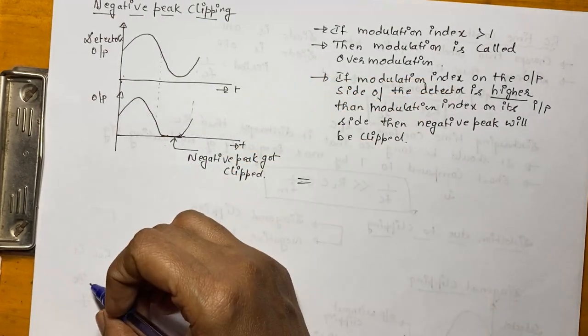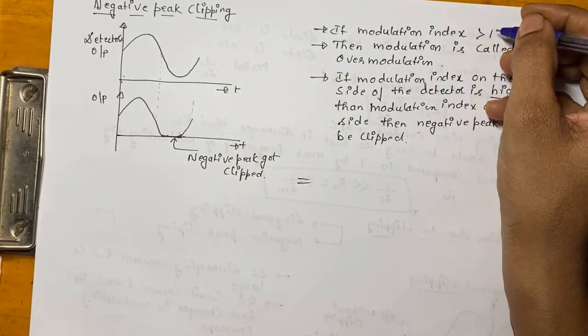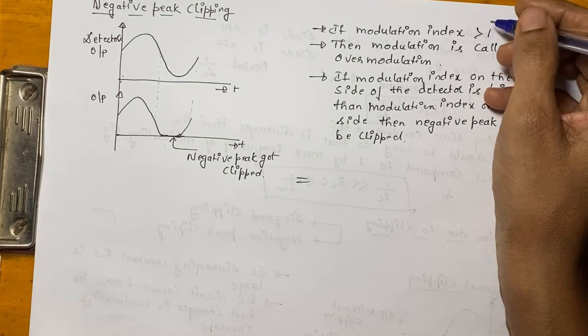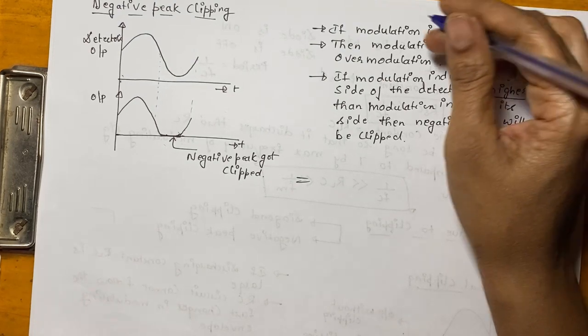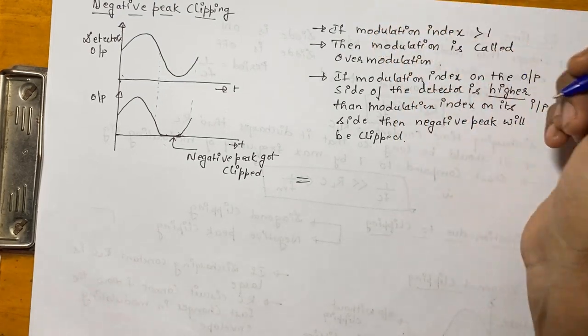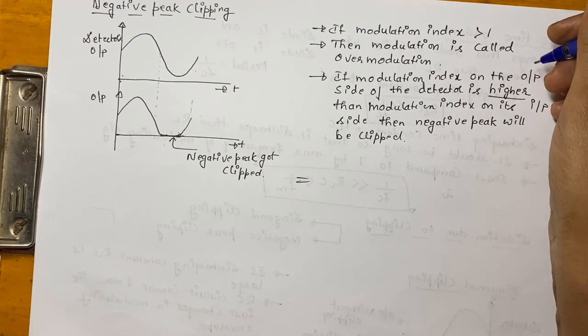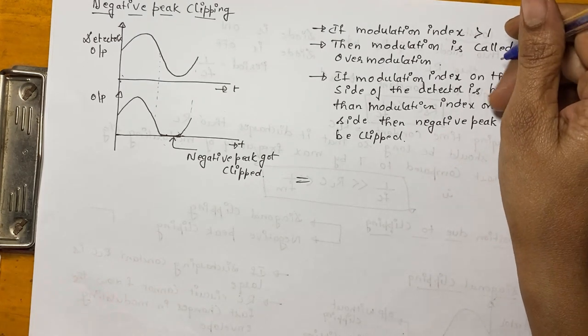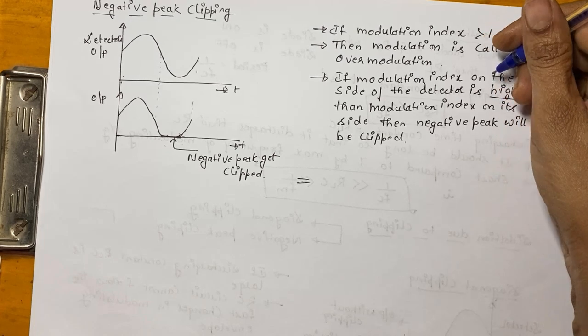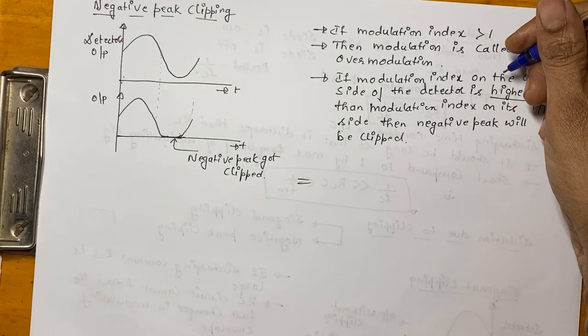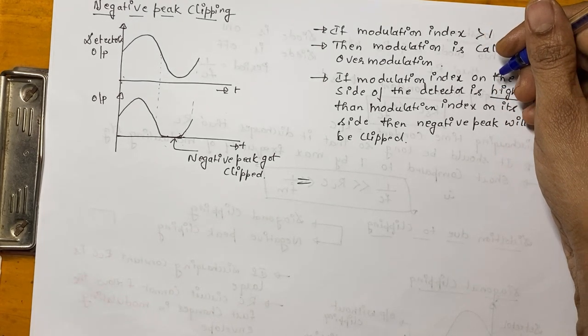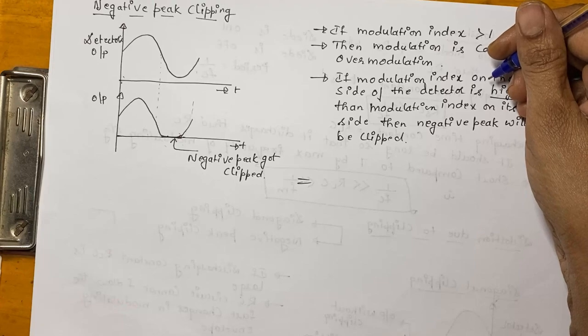When this condition happens, if the modulation index is greater than 1, then the modulation is called overmodulation. If the modulation index on the output side of a detector is higher than the modulation index on its input side, then negative peak clipping will be formed.